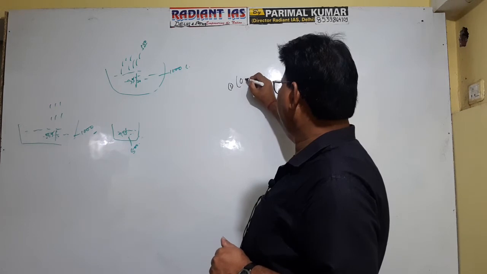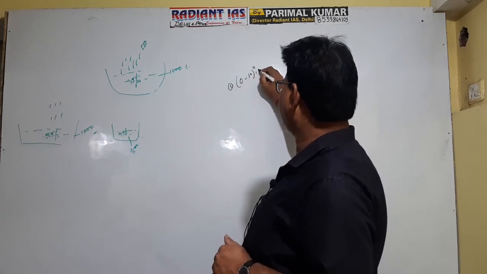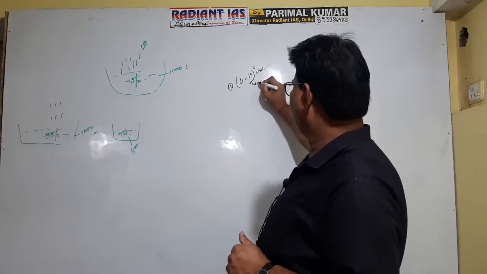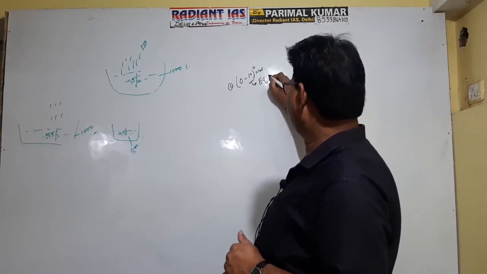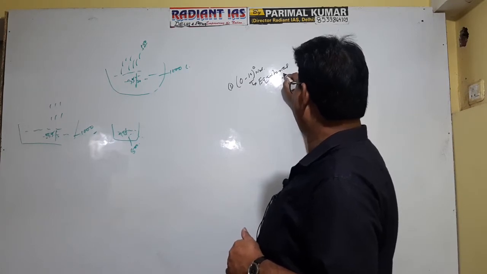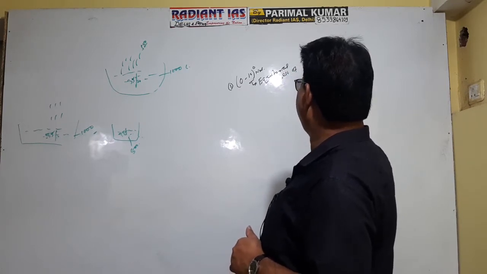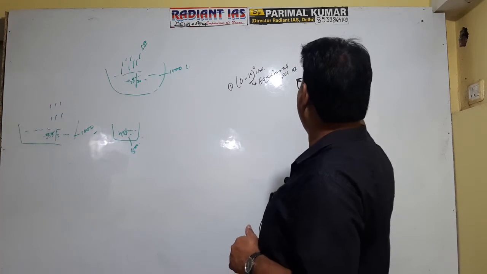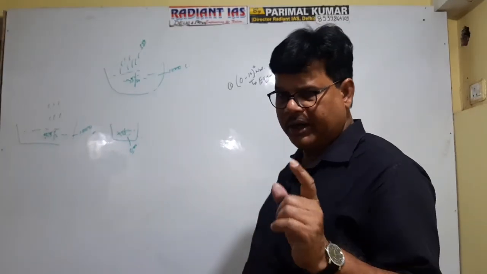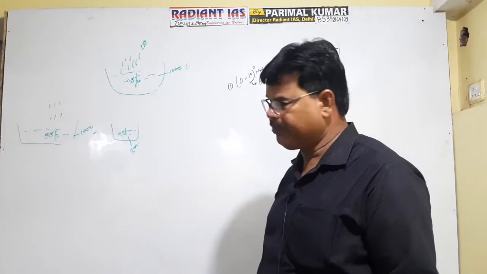It is 0 to 10 degree north and south. This is referred to as the equatorial belt of relatively low salinity. Term relatively low salinity. It is clear now?